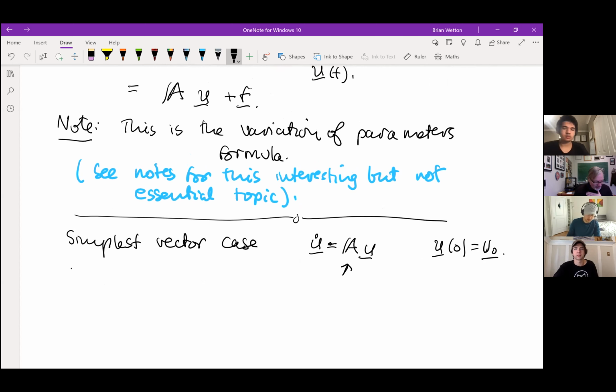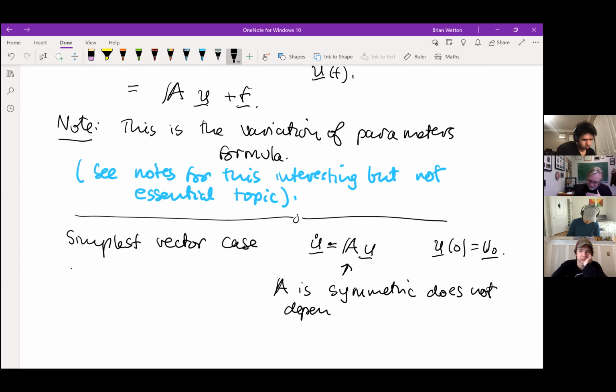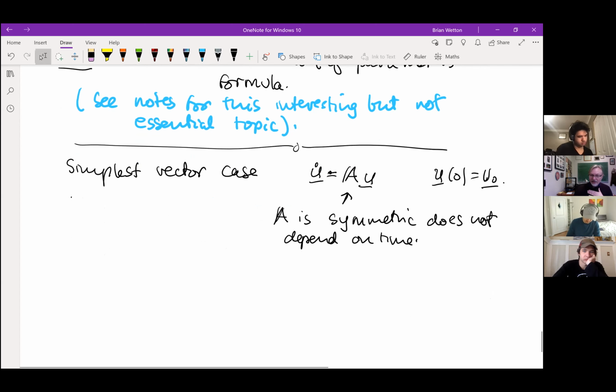And the simplest case is where A is symmetric and does not depend on time. And remember, when we had the heat equation, we've got the u_xx with boundary condition terms, which was symmetric and didn't depend on time. And so this is really the bridge to the heat equation.